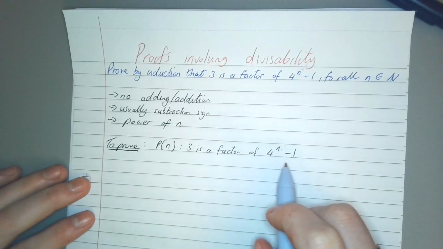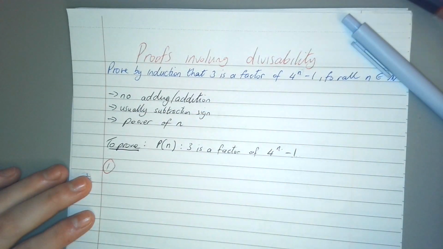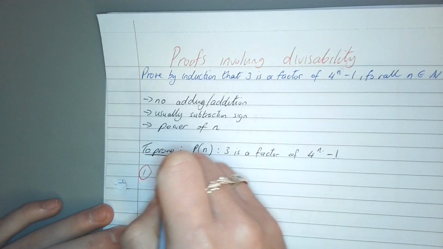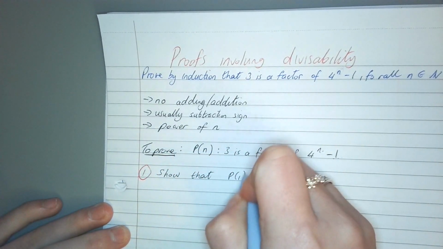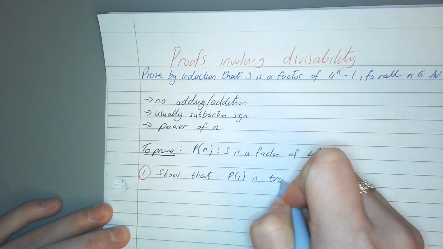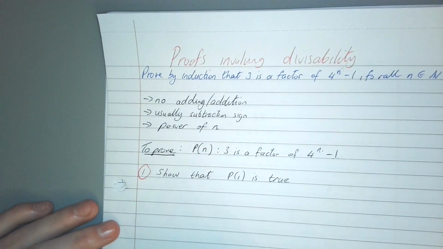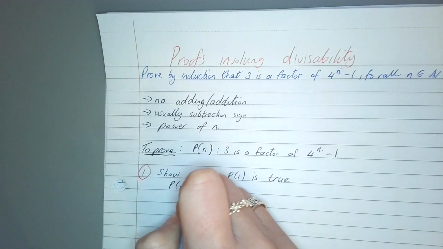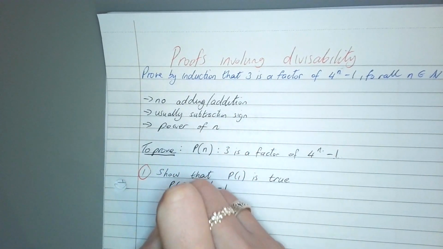Okay, so step 1 is we want to show that proposition 1 is true. So again, it's the copy and paste of the first step from the other proof involving series. Okay, so proposition 1, and we fill in 1, so 4 to the power of 1 minus 1.